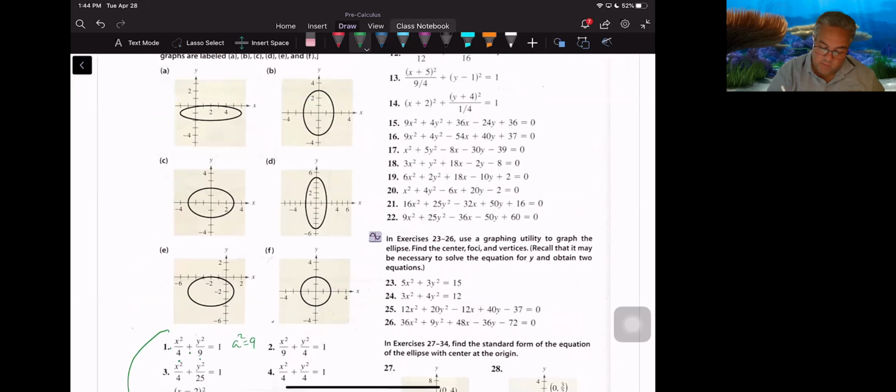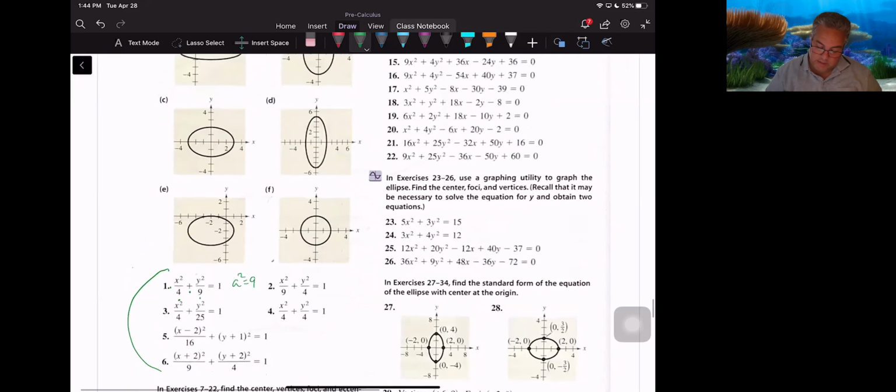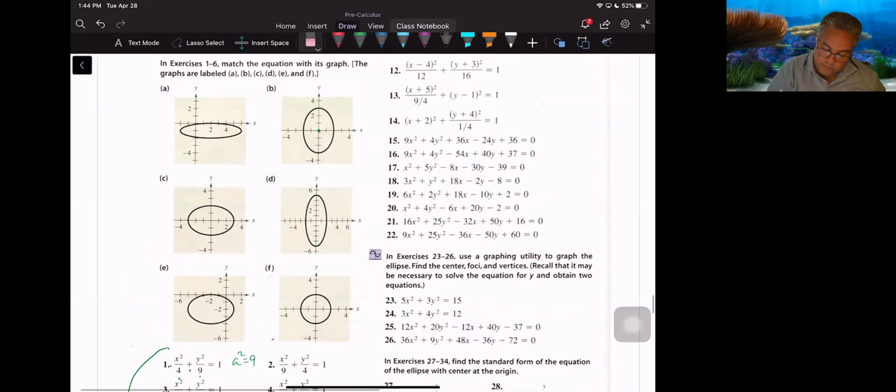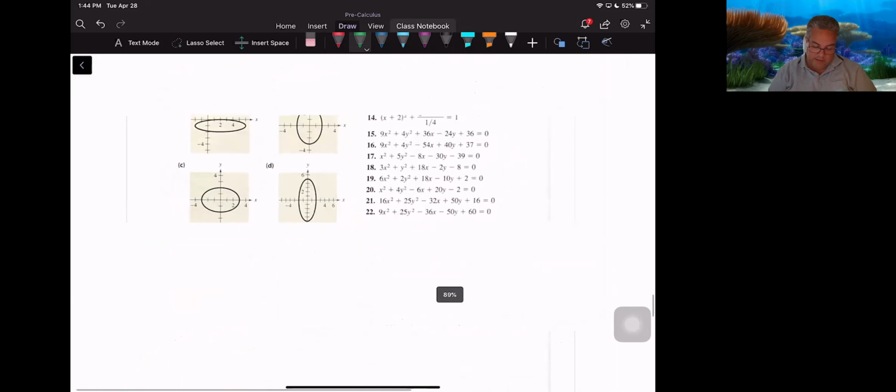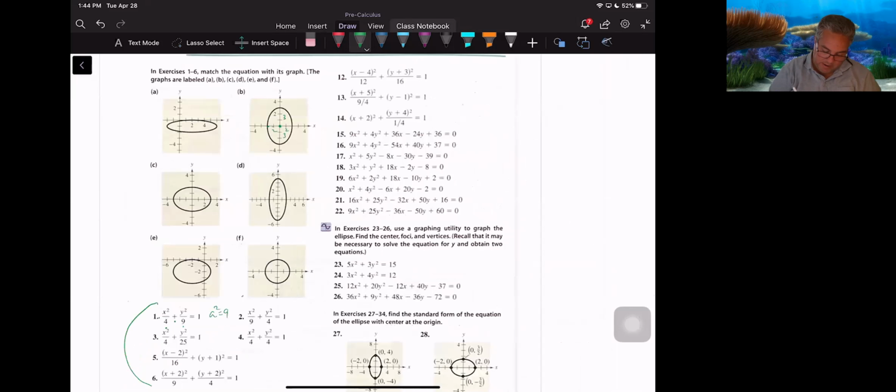Okay, so let's see if that works here. Here's the center. It is centered at 0, 0. All right, and I go 3, 1, 2, 3 in both directions. And then look on the minor axis, I go 2, 1, 2. That's how you can tell that number 1 is actually B. So we've done one for you.